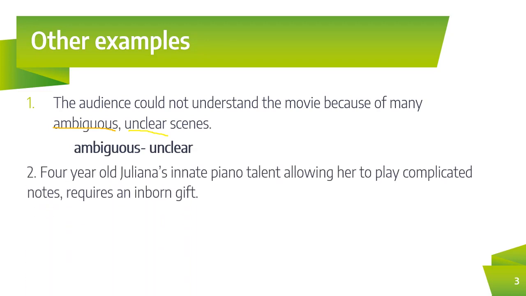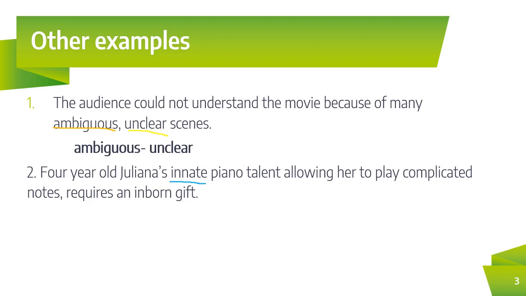Next: 4-year-old Juliana's innate piano talent, allowing her to play complicated notes, requires an inborn gift. What do you think is the unfamiliar word? Okay, correct. The unfamiliar word is innate.